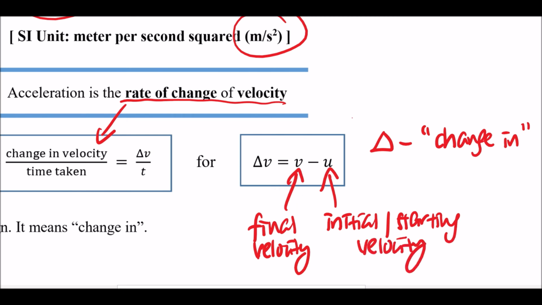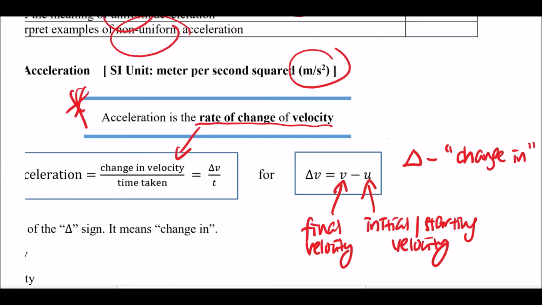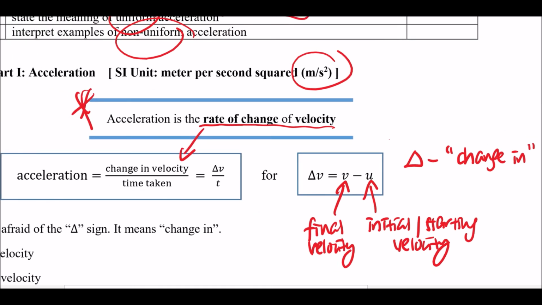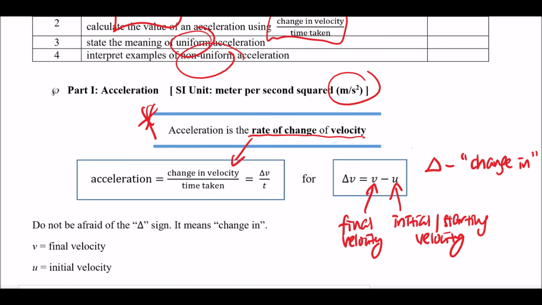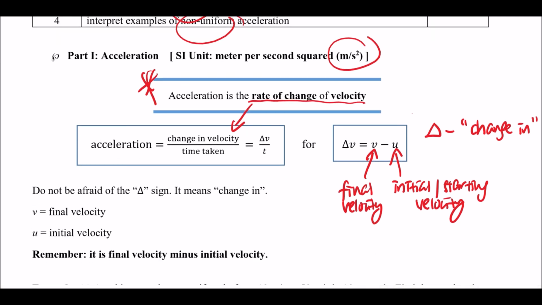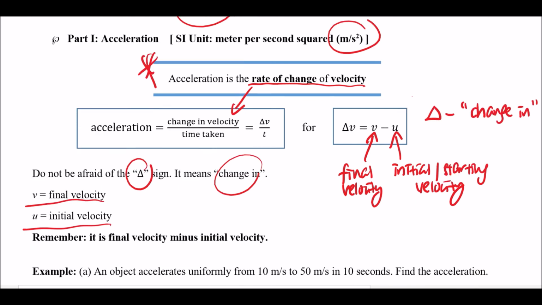Okay, so in this section I will use velocity and speed interchangeably or loosely, but you know that there's a difference between the two of them. Okay, so triangle sign or delta means change in, and V is the final, U is the initial speed.